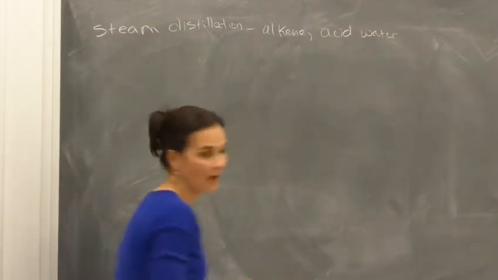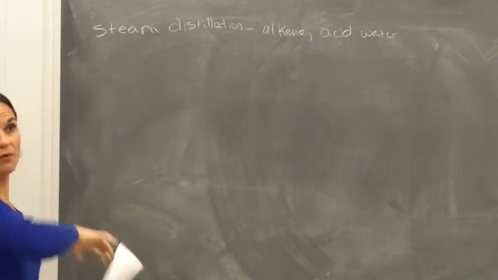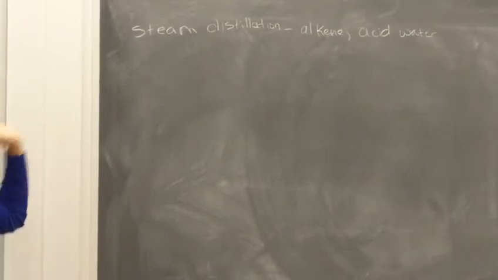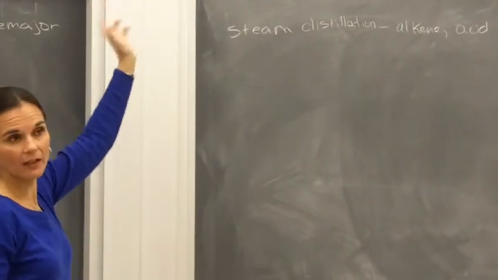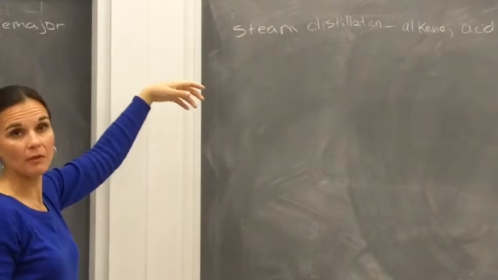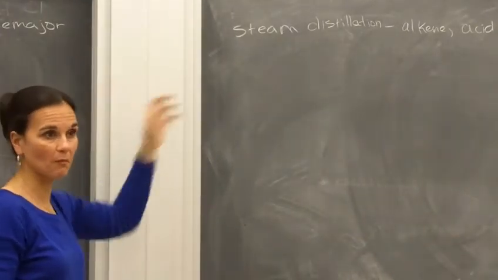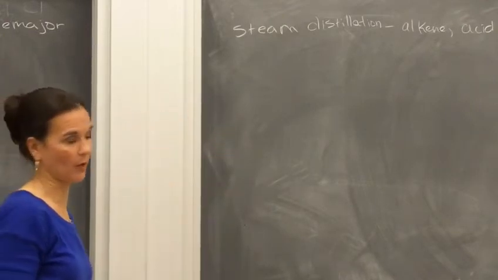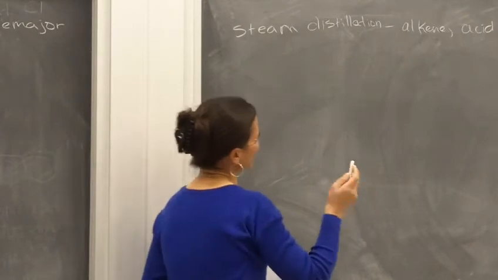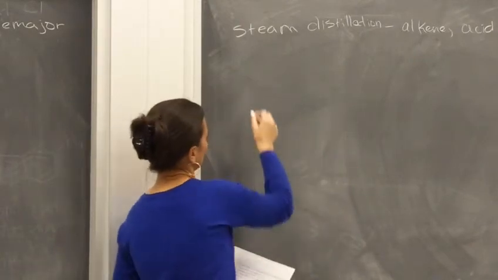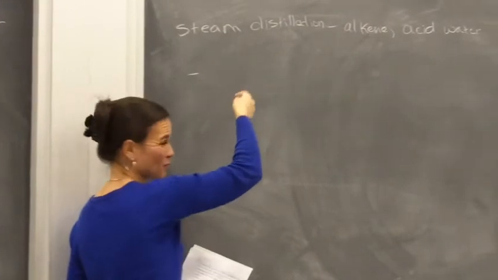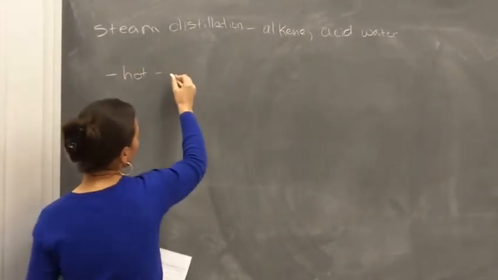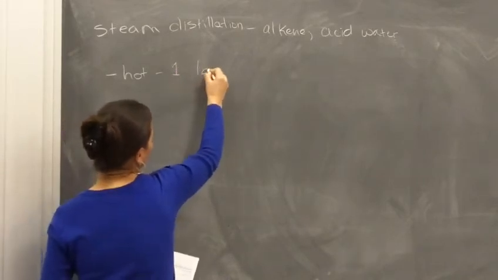And so as the reaction is taking place, we're distilling over the product to hopefully push it to make more product, because we are technically in equilibrium with this reaction, okay? So we need to pull away product as we make it in order to generate more product from the reaction. And so what you should see with this steam distillation is as it comes over, when it's hot, it's probably going to be mostly one layer that comes over.